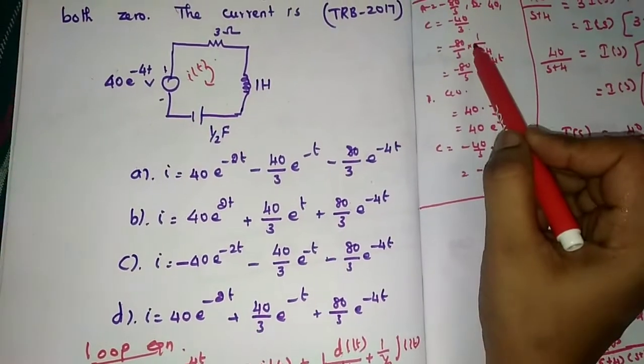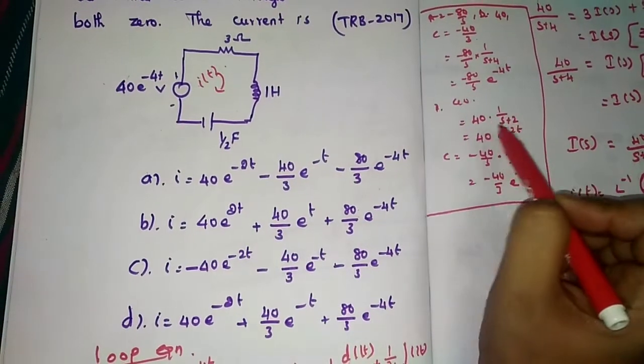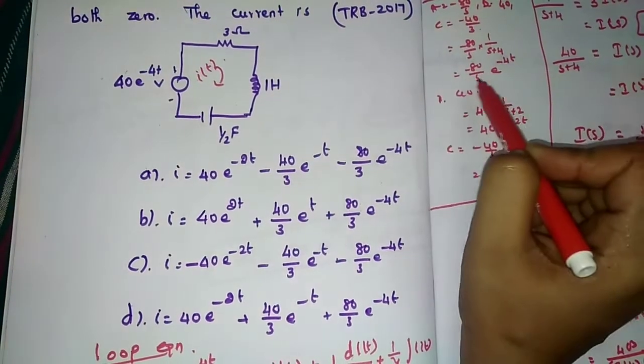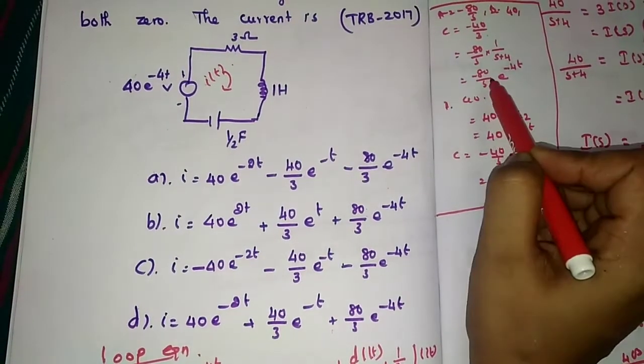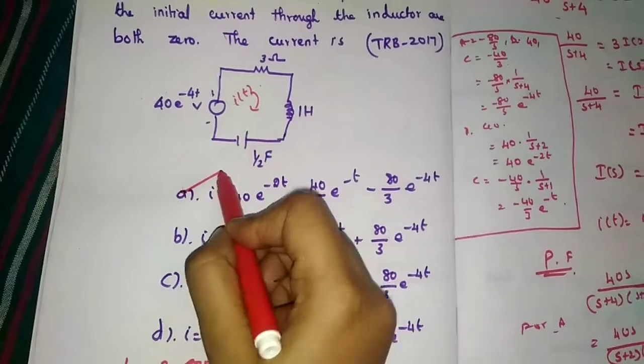So here the answer is minus 40 e^(-2t) and minus 40 by 3 e^(-t) and minus 80 by 3 e^(-4t). So here the answer is A.